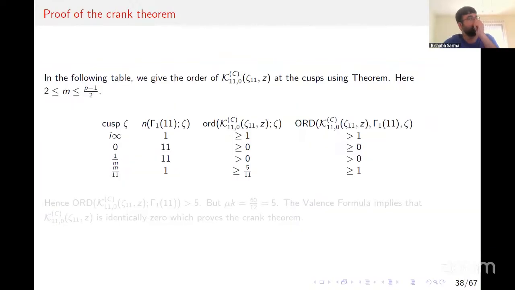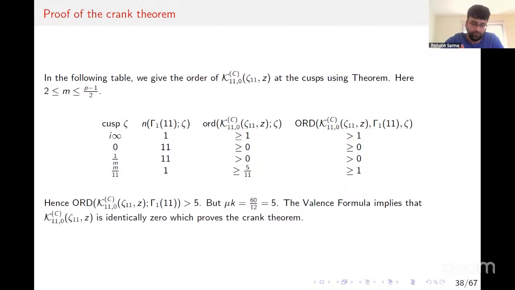So we give in the following table the order of the m equal to 0 element of the crank dissection at the cusps of the congruence subgroup. So here are the orders. What we do to find this is that the crank generating function with z replaced by zeta p is related to those Klein forms whose transformations and orders are well known.